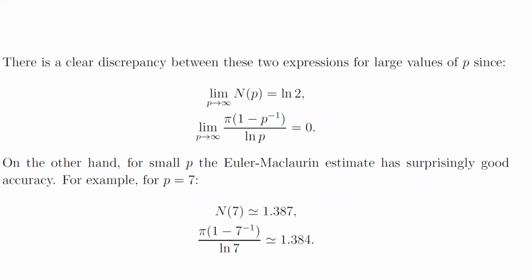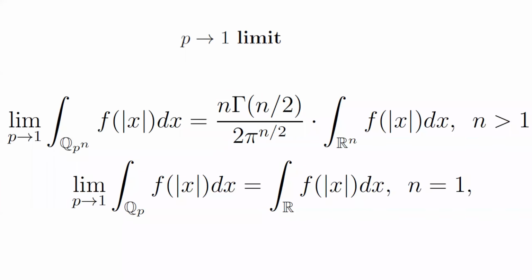Okay, so yeah, and also we can try to deal with the p to 1 limit, and in fact, for four-dimensional field theory and for two-dimensional field theory, we'll have that one can almost reproduce the Coleman-Weinberg potential from ultrametric theory.